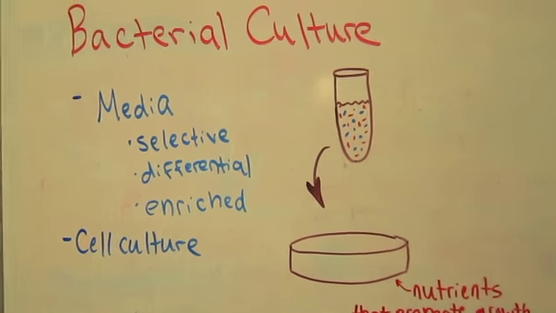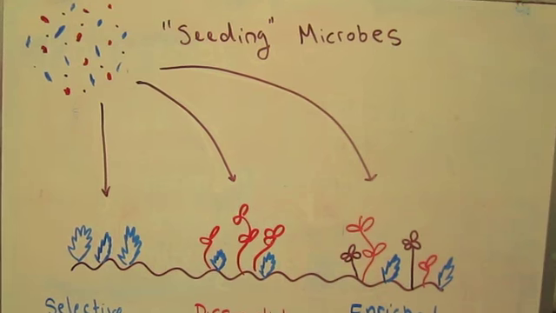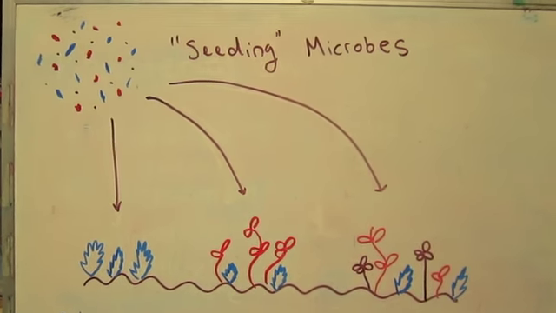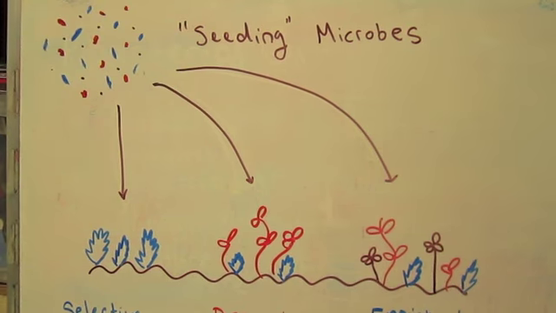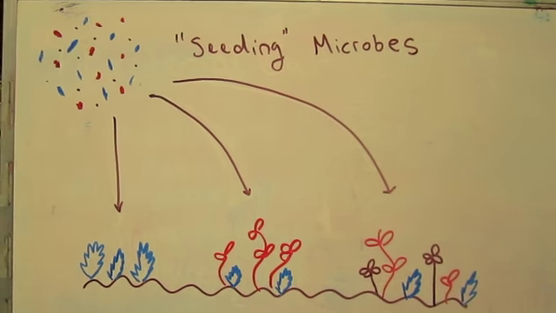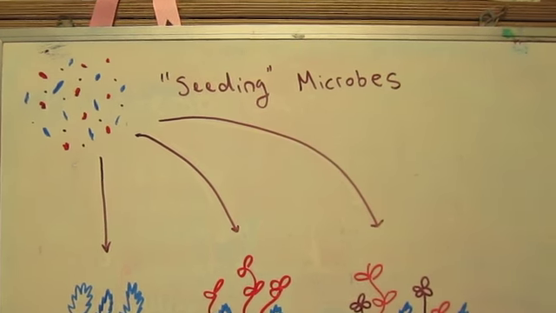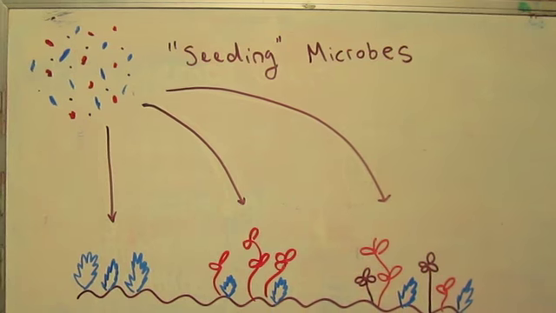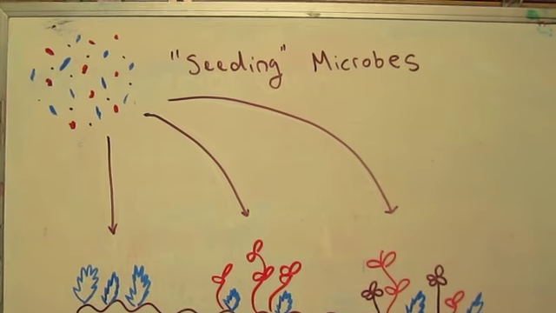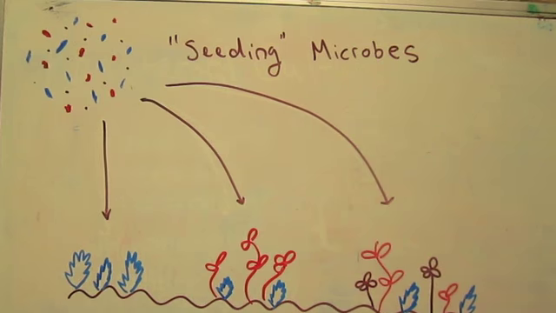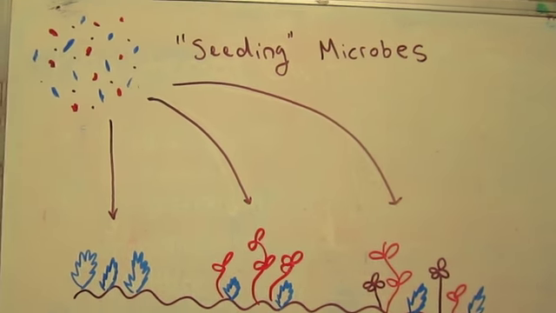More importantly, whatever media you choose, it's going to have nutrients that promote the growth of the bacteria under examination. When culturing for isolation of a bacteria culture, it is much like seeding microbes in a different type of soil depending on which media you choose. A bacteria culture that could be mixed or pure can have a variety of different microbes.